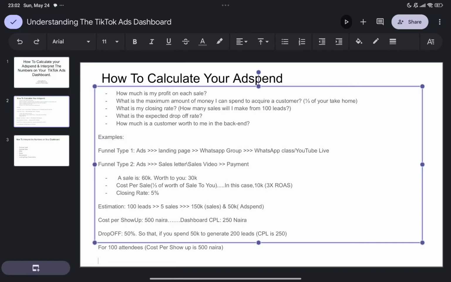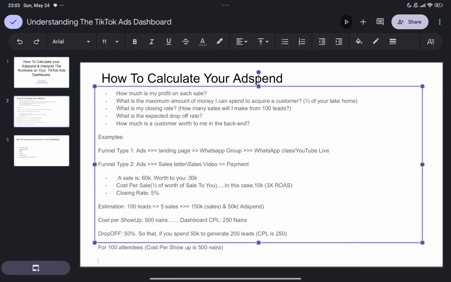So from there, the cost per show up is now going to be 500 naira, because if you divide 50,000 naira by 100, that gives you 500 naira, which is your cost per show up.